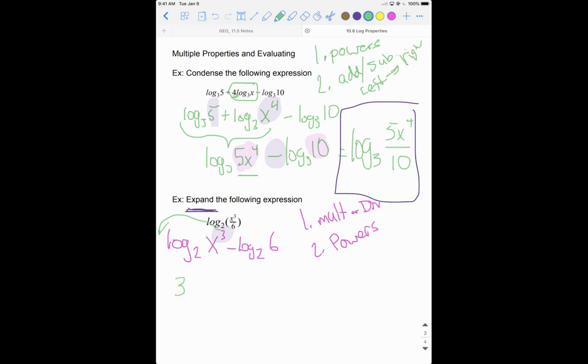So we get 3 log base 2 of x, that 3's gone now, minus log base 2 of 6. We did all of the multiplication and division, expanded all that to addition or subtraction, and we expanded all of our powers from powers to a multiplication. That's probably as difficult as they'll get, those kind of ones.